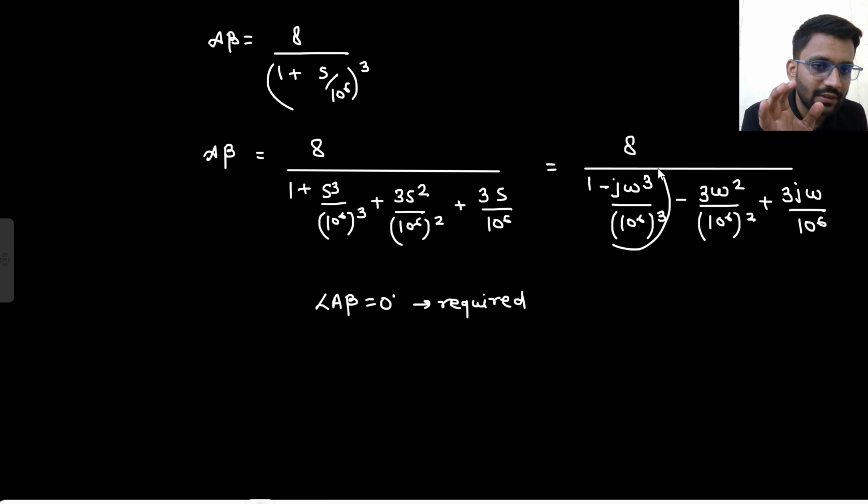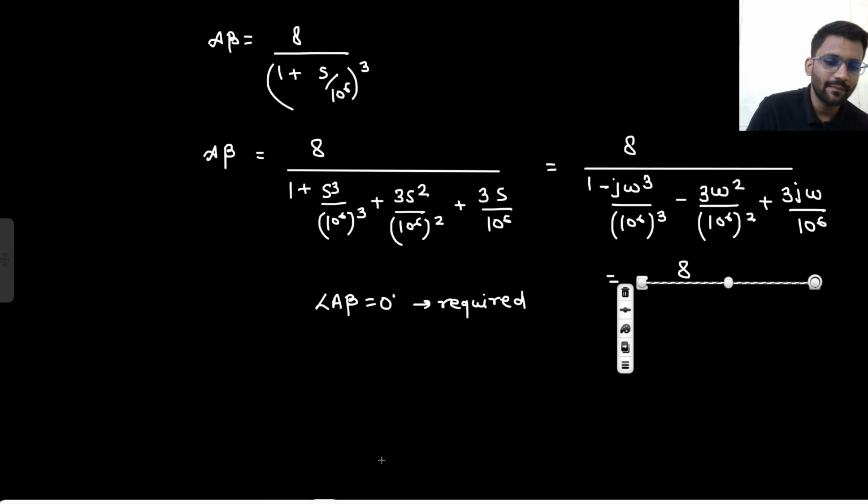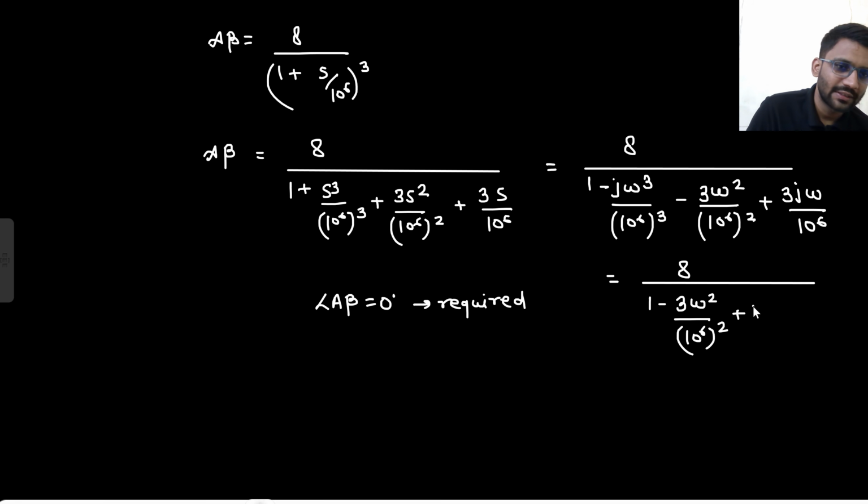And if I put this part and this part, I can write this as 8 upon 1 minus 3 omega square over 10 to the power 6 to the power 2, plus j times 3 omega by 10 to the power 6 minus omega cube divided by 10 to the power 6, whole cube.